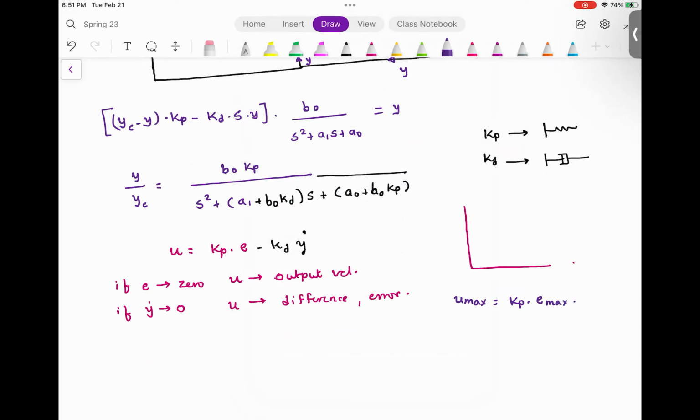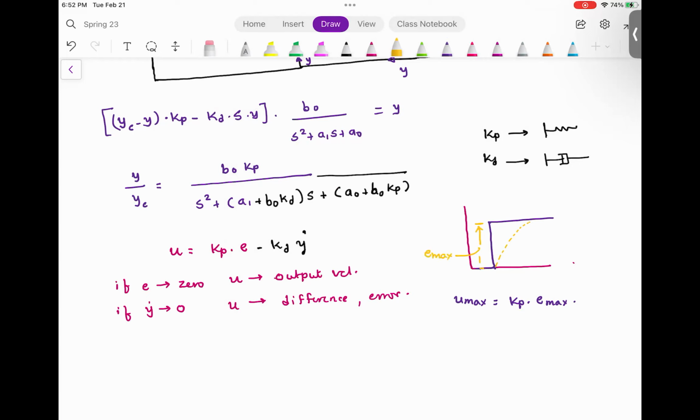Now, what does that mean? Imagine you have a system and all of a sudden you provide a step input. The control is going to control the system response, something like this. It is noted that the error is maximum, which is this Emax.